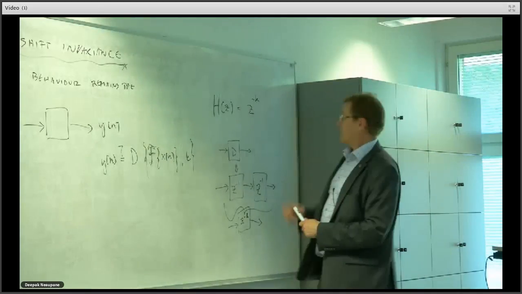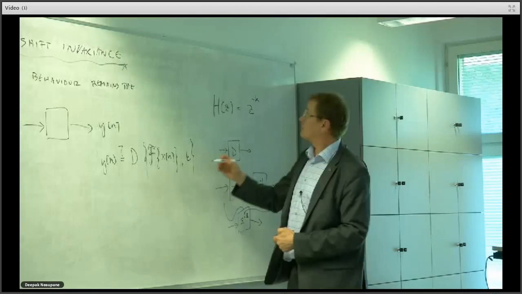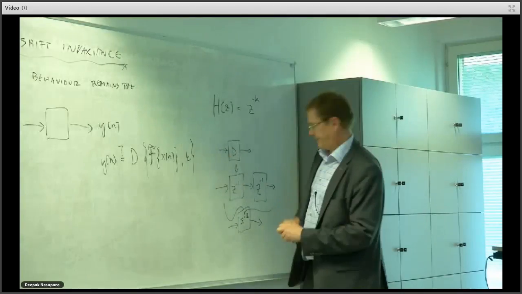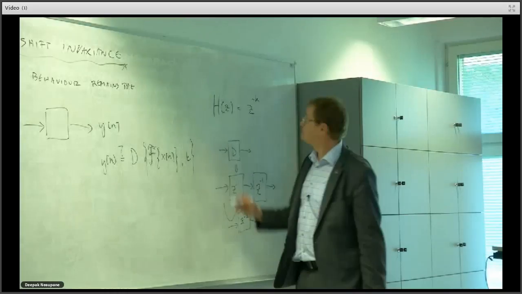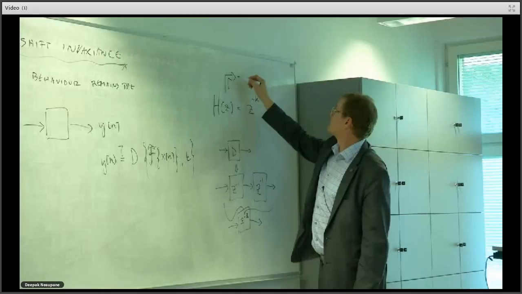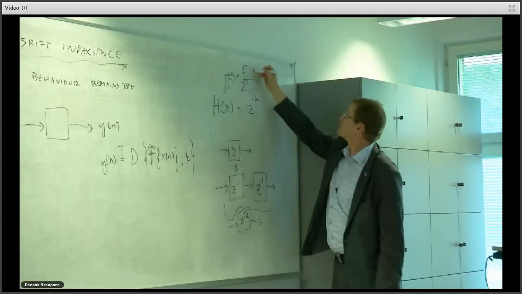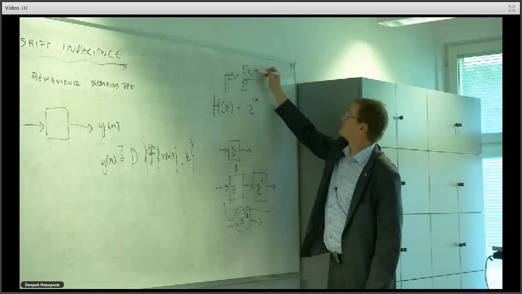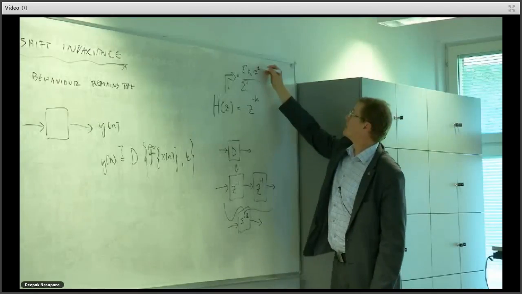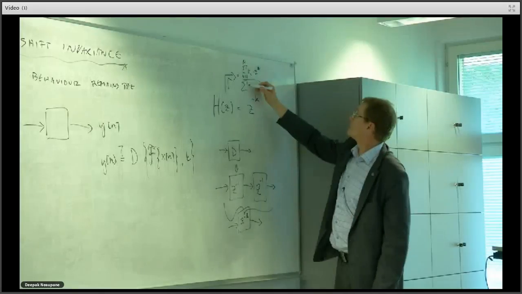Okay. And the system parameters for that one would be the sum of b_k times z to the minus k, k from 0 to n.